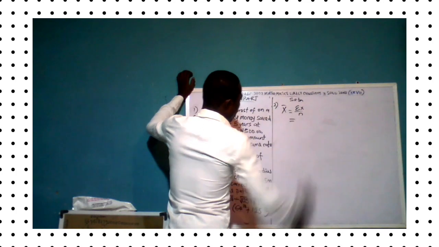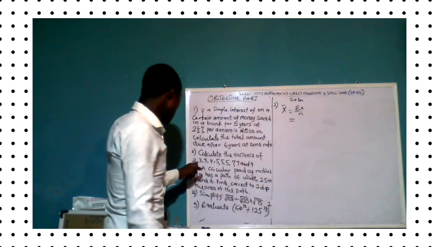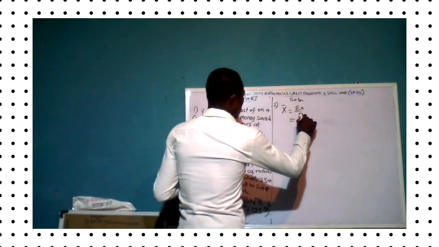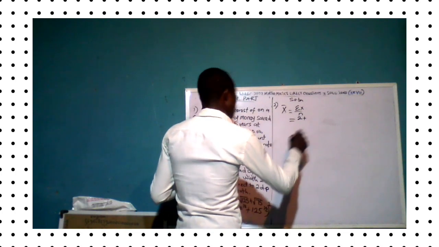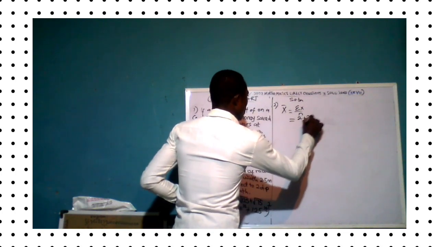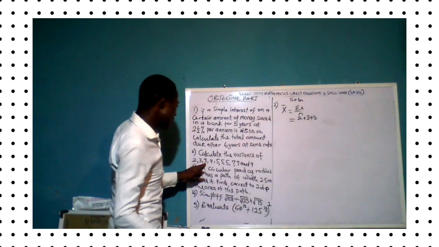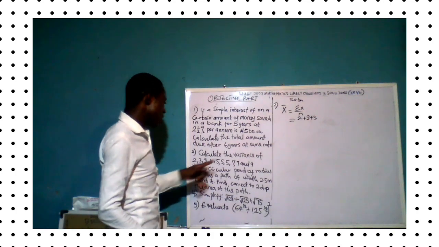Summation x is equal to 2 plus 3 plus 3, as the numbers are given in the question.